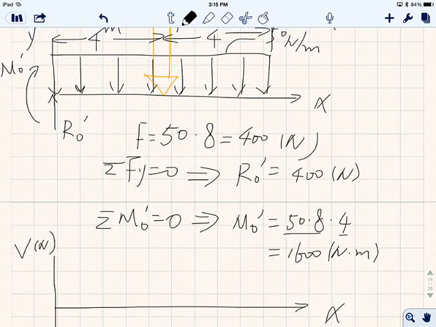So see here, R prime equals 400 newtons positive, right? And you have a distributed load of 50 newtons per meter. Therefore, it's going downwards with a slope of negative 50.